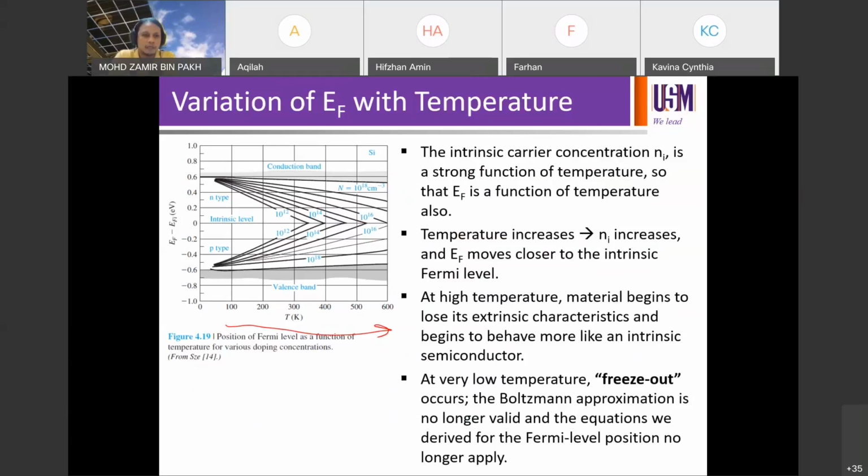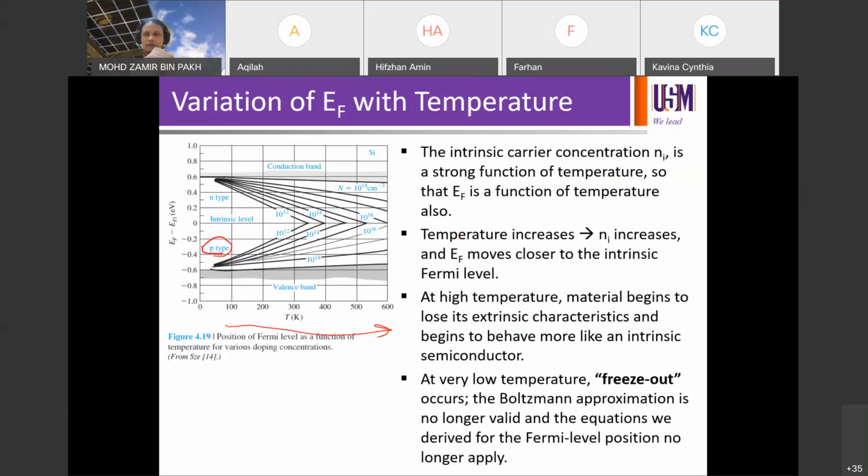Say if you pick p-type, so let's look at the curve related to p-type. When you increase your temperature, going from 0 Kelvin up to 600 Kelvin, your Ni is going to increase, and as a result, your EF is going to move closer to the intrinsic Fermi level.